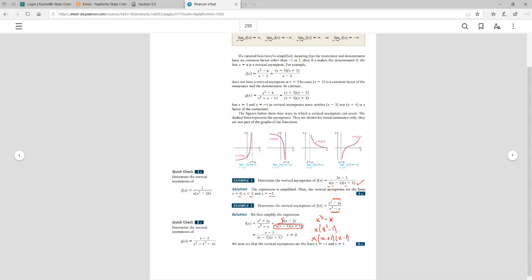And notice I can cancel the x's, which leaves me (x minus 2) divided by (x minus 1) times (x plus 1). We now see that the vertical asymptotes are the lines x equals -1 and x equals +1.